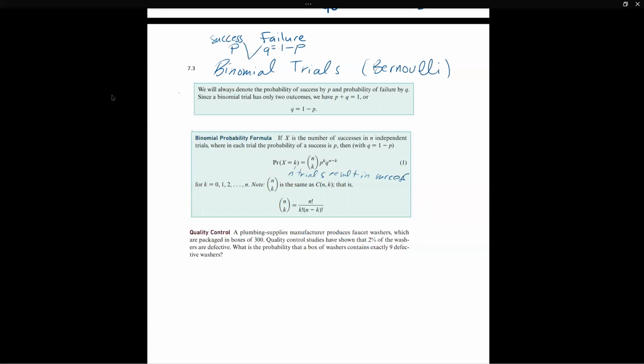So we say that X is the binomial random variable with parameters n and p.